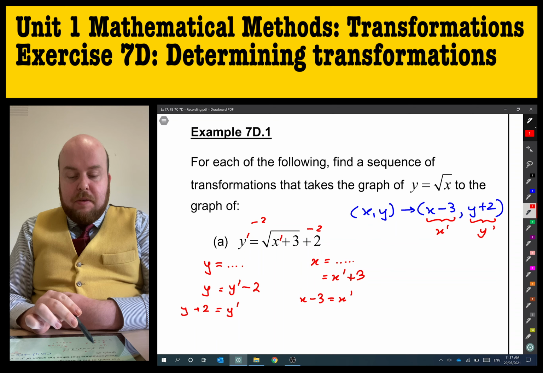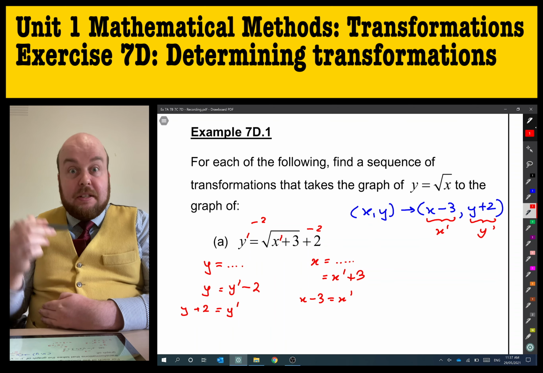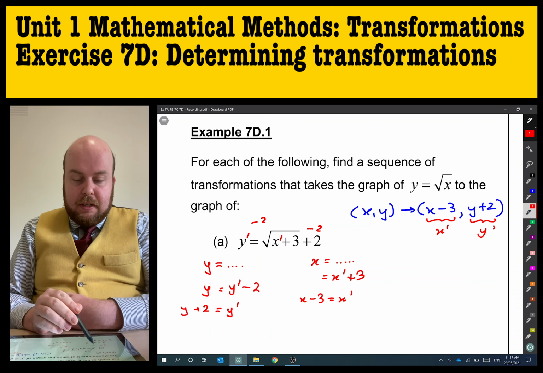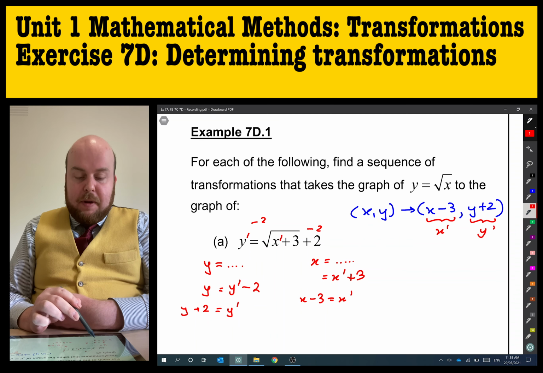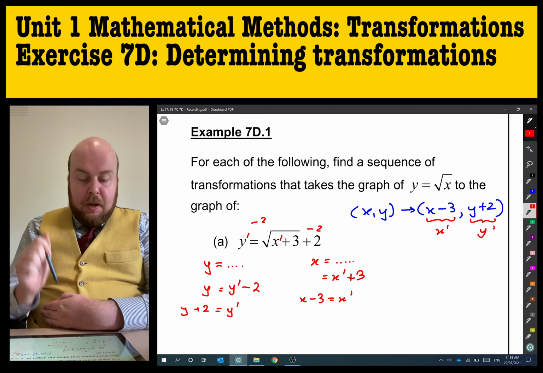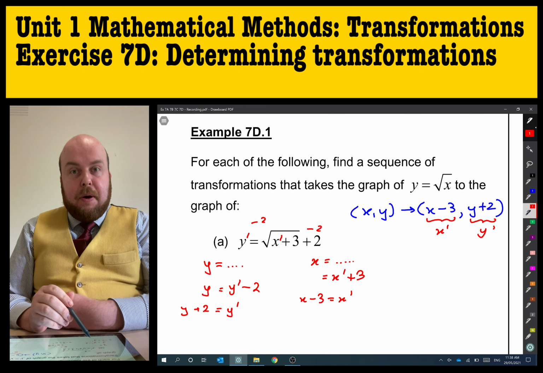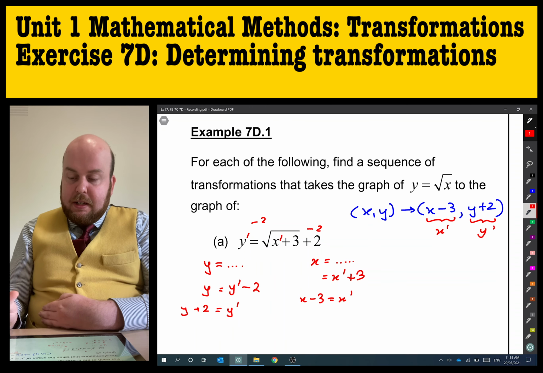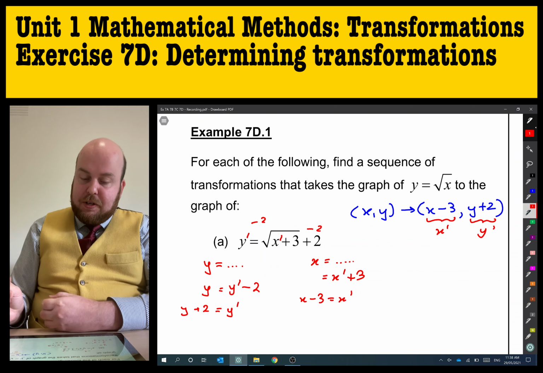I rewrote the y and x in the equation as the transformed versions of those. I then rewrote the equation such that I was able to find out what the originals would be. I rearranged them such that y dash or y apostrophe is the subject, and then I can just fit that back into the original equation.